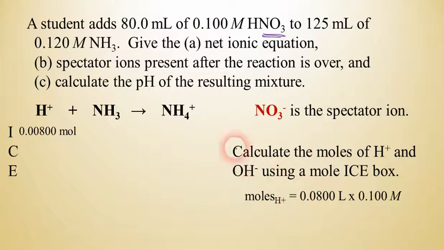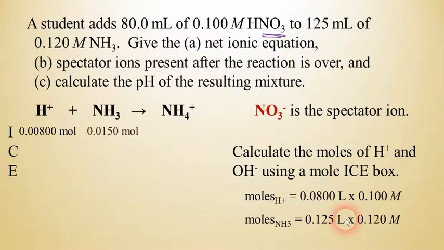For ammonia, we'll do the same thing. We take the 0.120 molar times 0.125 liters, and when we multiply that, we should get an answer of about 0.015 moles. Now, starting out, we don't have any ammonium ion, so we're going to call that 0.